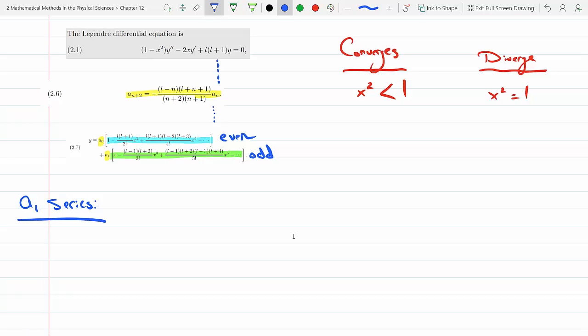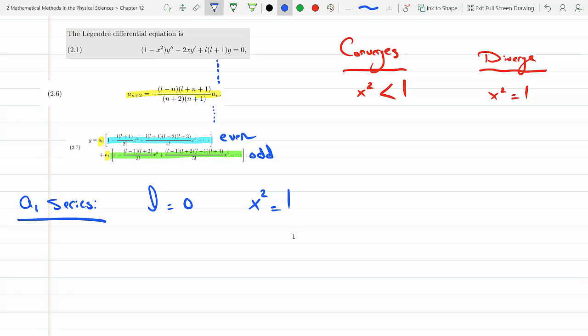Okay, so if we look at the a1 series, and then let's take L equals 0. Now assuming that x squared equal 1, okay, so I'm looking at the a1 series, L equals 0, what would you get? Plug it in, you would get 1, because you get 2 over 3 factorial.